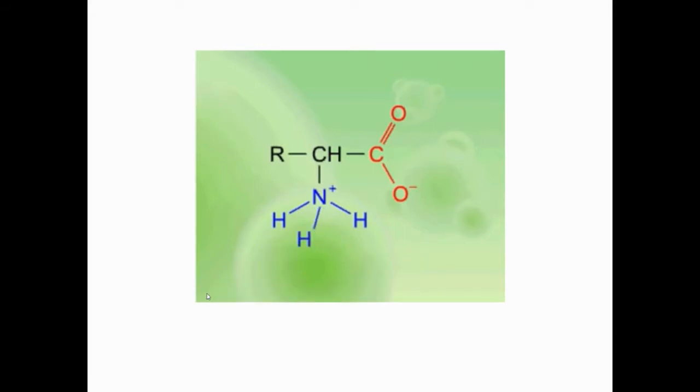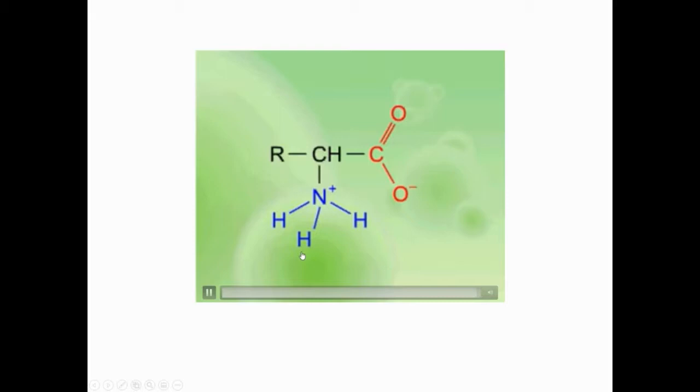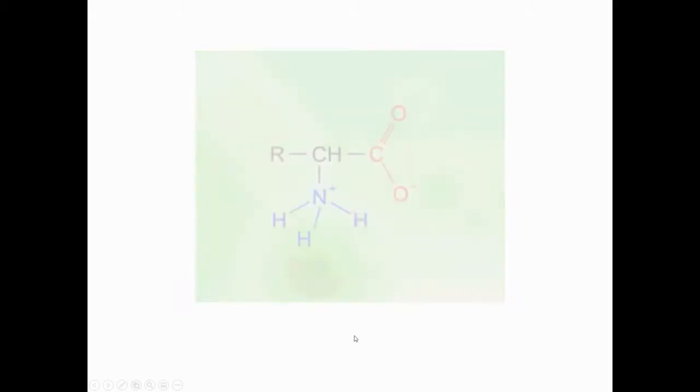The amine group acts as a base and accepts a hydrogen ion released by the acid's carboxyl group. The reaction product is an internal salt, in which a positively charged ammonium cation is neutralized by a negatively charged carboxylate anion. Such a structure is referred to as a zwitterion, from the German Zwitter, meaning hybrid. Note that zwitterions are highly polar, but they are electrically neutral and have no net charge.